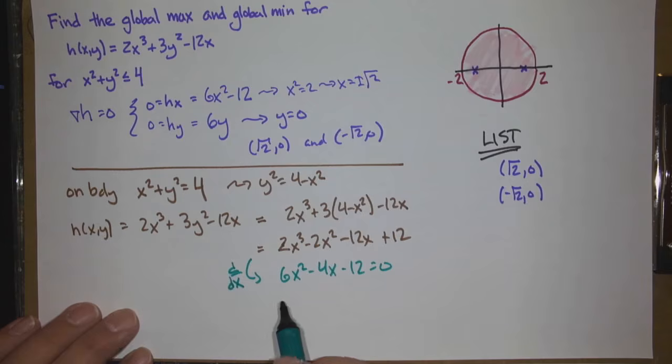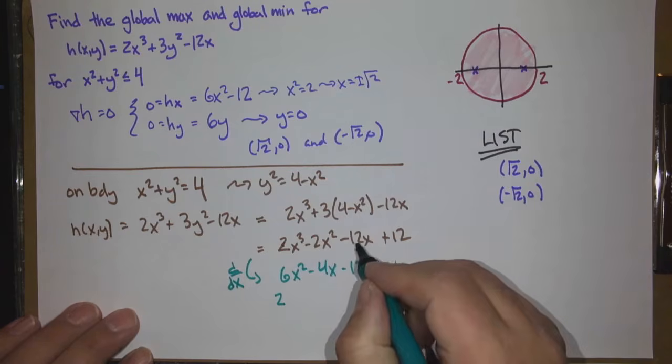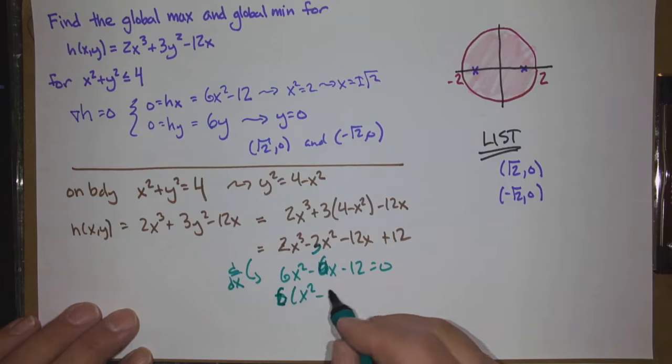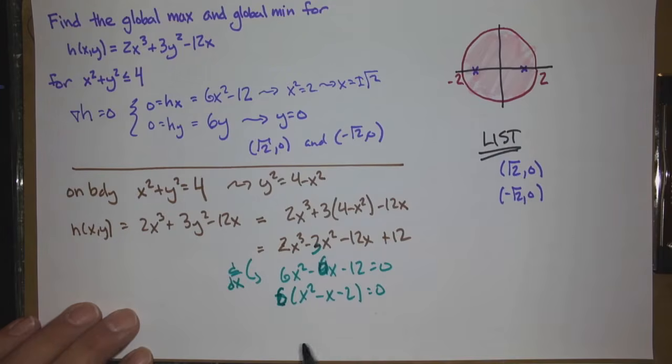And at this point, can we solve? Did I take the right derivative? Okay. 3x squared, 6x. That's even better for us. Thank you. Factor the 6 out. X squared minus x minus 2 equals 0. Thanks for catching my error.